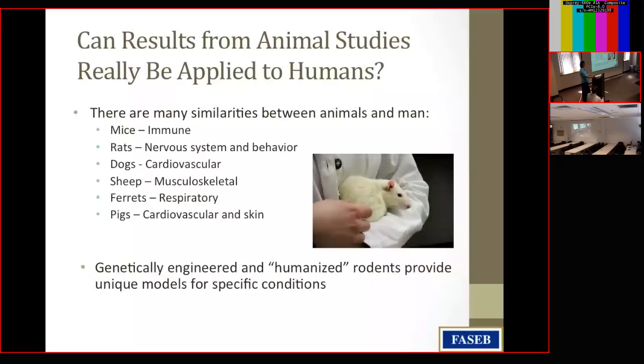In addition, we have transgenic and even humanized rodents now, and this allows us to create specific human disease conditions in those animals. Transgenic zebrafish have also recently been generated, and they're really taking off in popularity as animal models for human diseases.